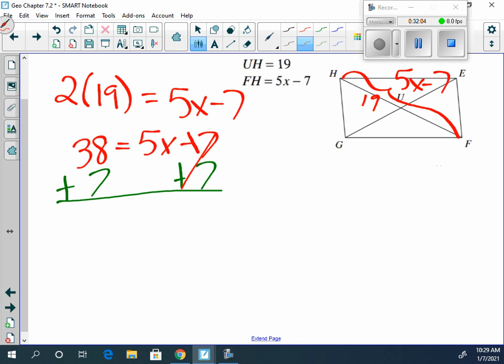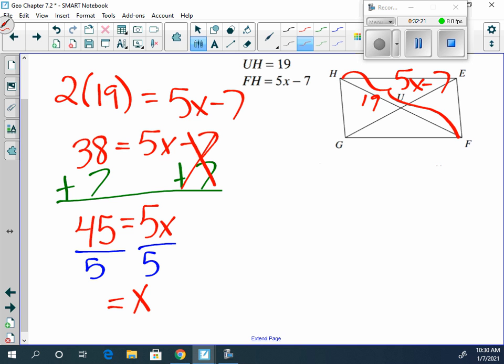Well, negative 7 plus 7 will be 0. 38 plus 7 is 45. And the last thing we need to do is to divide both sides by 5. And the value of x is 9. The value of x is 9.